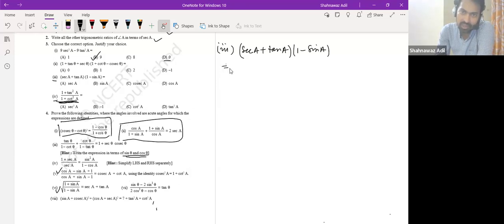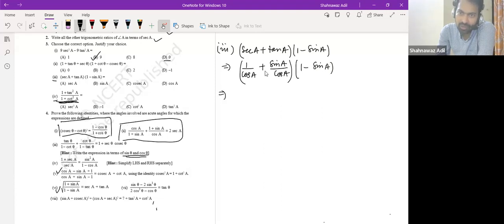So this is 1 by cos A, and then this is sine A by cos A, and then this is 1 by sine A. So now this is cos A taken as LCM, and this is 1 plus sine A, and then this is 1 minus sine A.